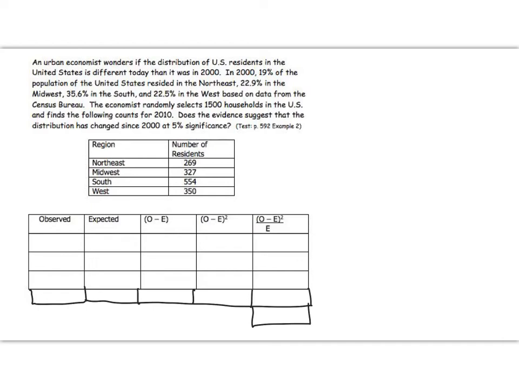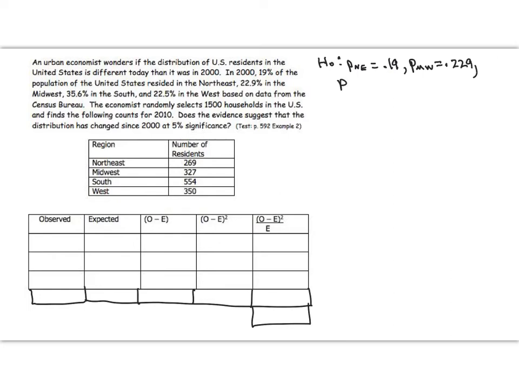All right, well, let's start with our hypothesis. This time, they're not all equal. We have 4 different proportions that we are comparing. And our first proportion from the Northeast, we'll just label it Northeast. The null hypothesis is that it's 19%. And the proportion from the Midwest is 0.229.